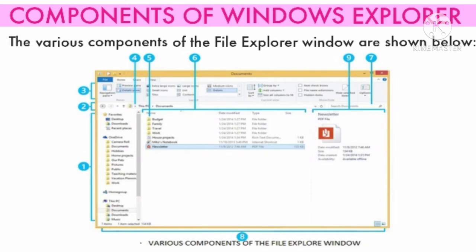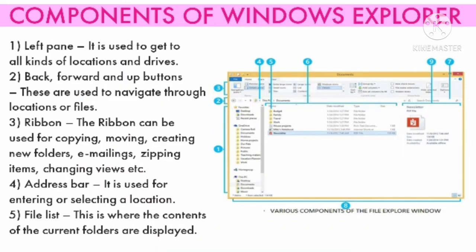Components of Windows Explorer. The various components of File Explorer are shown below. Left pane: it is used to get to all kinds of locations and drives. Back, forward and up buttons: these are used to navigate through locations or files.